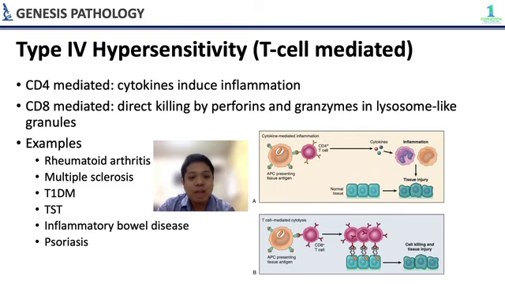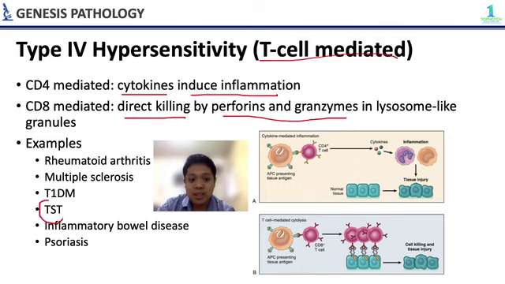Next, we have your type 4 or delayed hypersensitivity, which is T-cell mediated. Yung CD4 mediated, yung cytokines coming from the CD4, it will induce inflammation. And yung CD8 naman, facilitates direct killing by perforins and granzymes in lysosome-like granules. May examples nito is yung tuberculin skin testing sa TB.